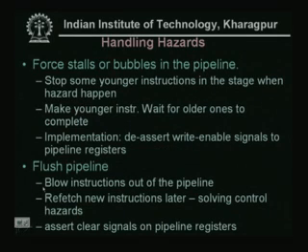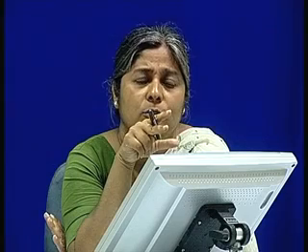Now, how to handle the hazards? There are mainly 2 things to be implemented. One is to force stalls or bubbles in the pipeline. Intuitively, if two instructions want to get the same resource, hardware or data from memory, then a hazard comes.